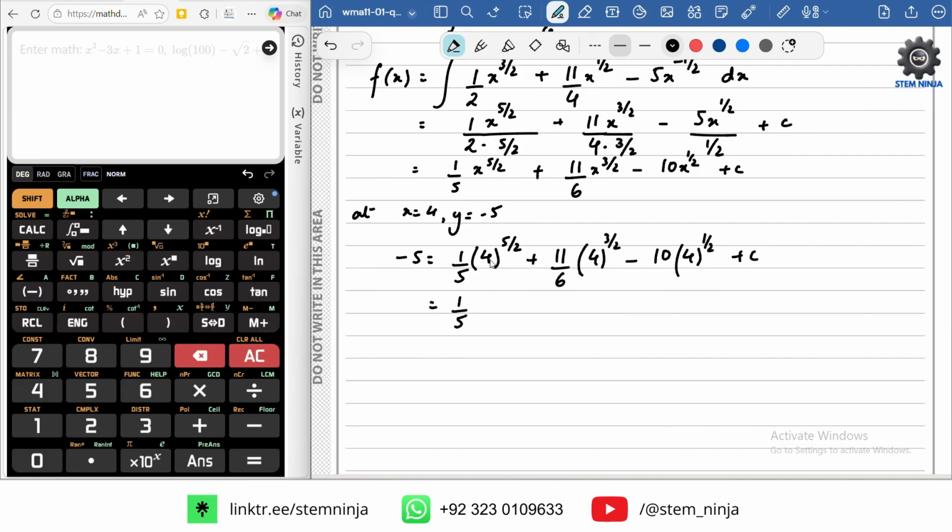So this is 1 over 5 times... 4 square root is just 2. 2 raised to the power 5, 32, plus 11 over 6. Once again, 4 square root is just 2. 2 cubed is 8, minus 10 times 2, 20, plus c. Equals minus 5.